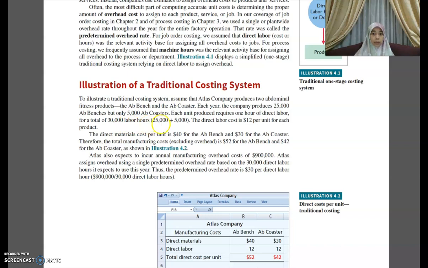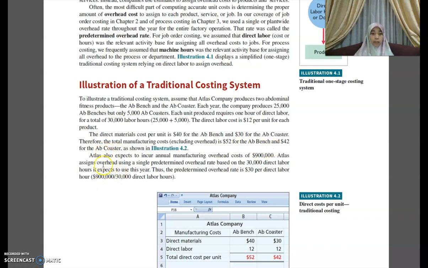That means 25,000 hours for Ab Bench and 5,000 hours for Ab Coaster. The direct labor cost is 12 ringgit per unit for each product. The direct material cost per unit is 40 for Ab Bench and 30 for Ab Coaster. So the total manufacturing cost, excluding overhead, is 52 for Ab Bench and 42 for Ab Coaster.